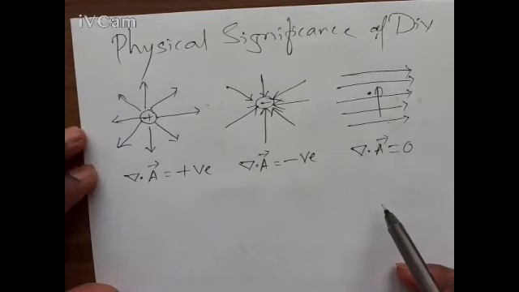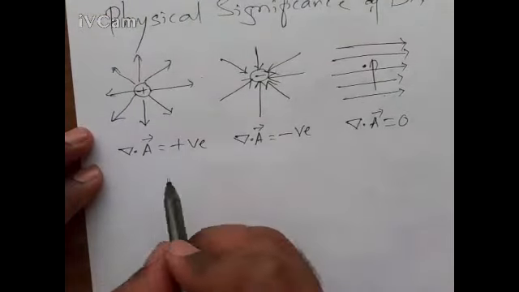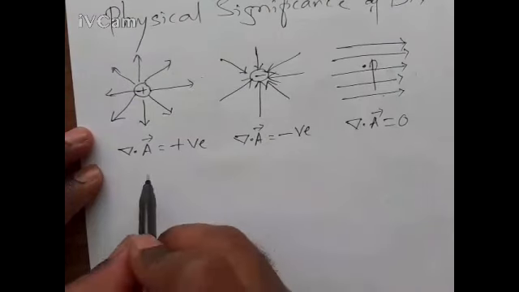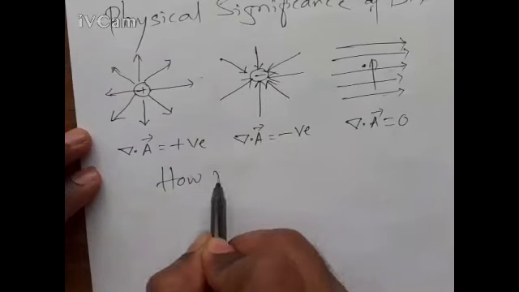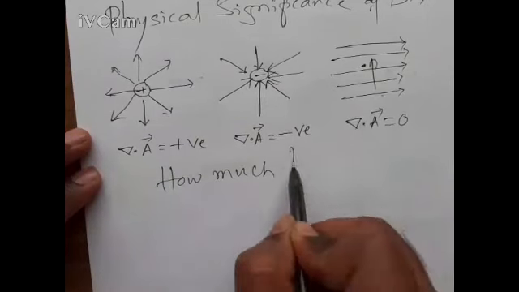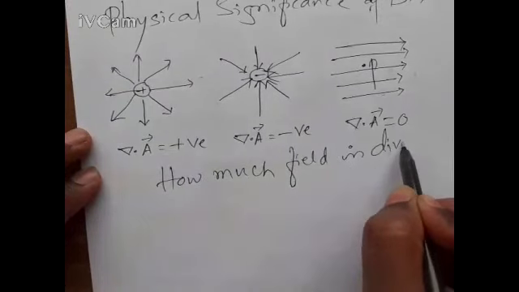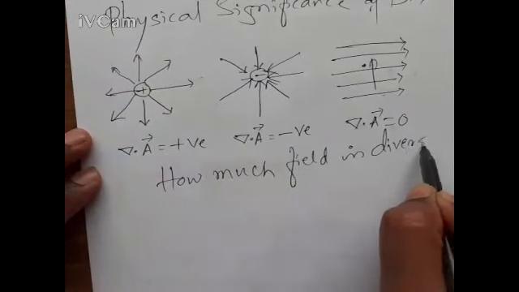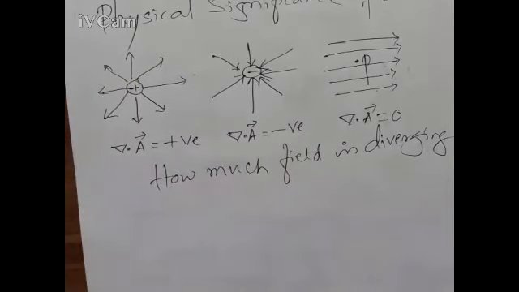What it says actually is how much a field is diverging. It is all about how much field is diverging.